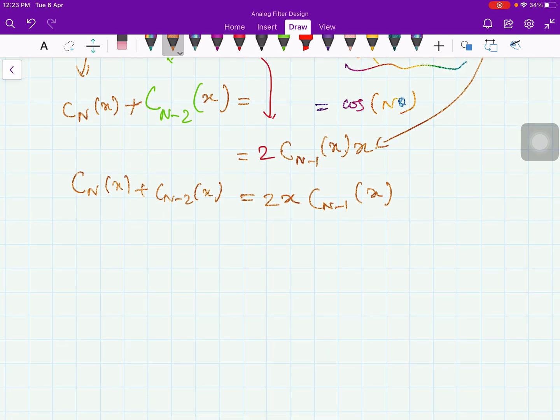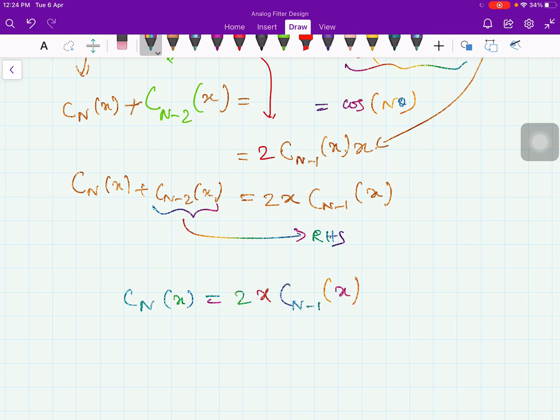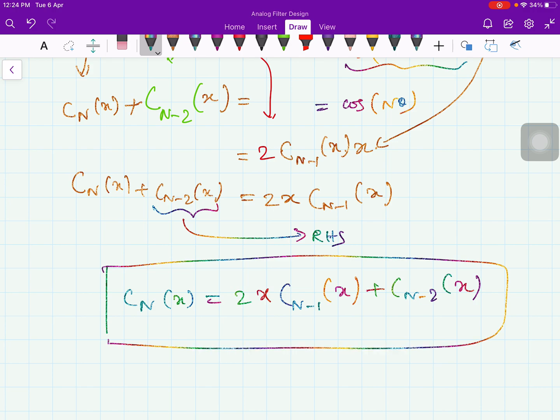Okay, now let me take this quantity to the right hand side. Therefore Cn of x is equal to 2 times x C suffix n minus 1 of x plus Cn minus 2 of x. So this is the recurrence relation.